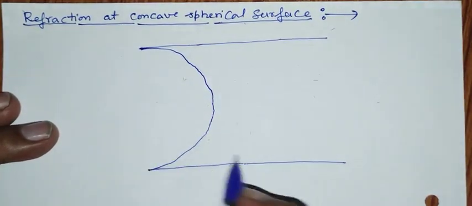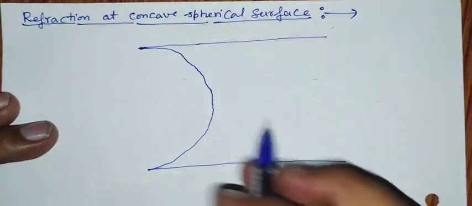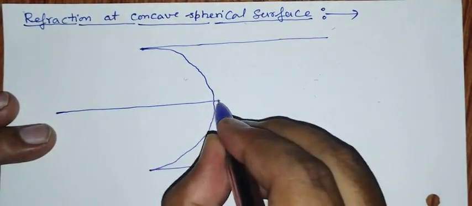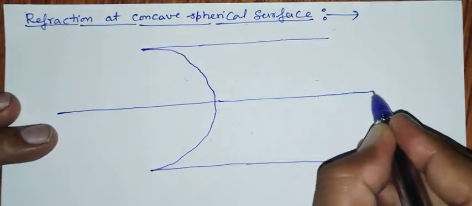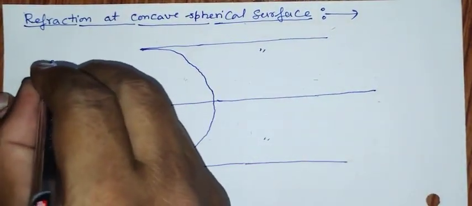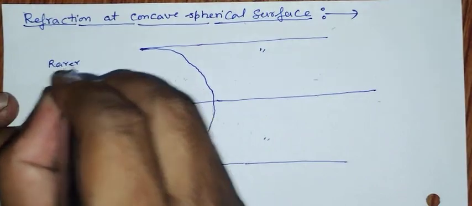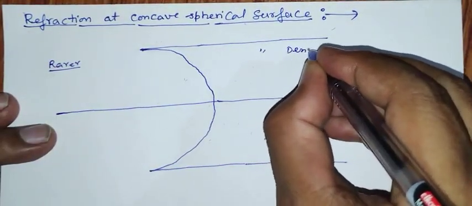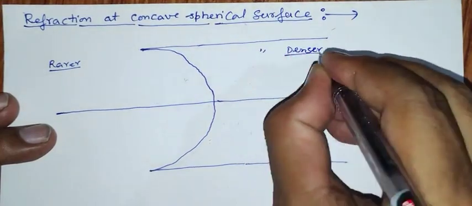This is a concave spherical surface. See the principal axis. Let this be the rarer medium and this is the denser medium.